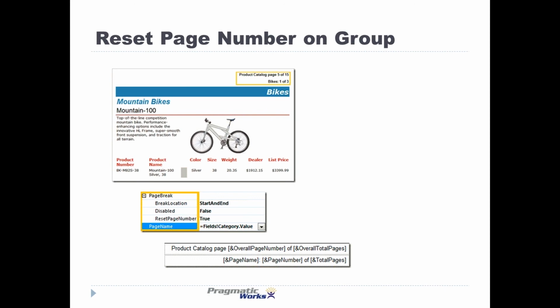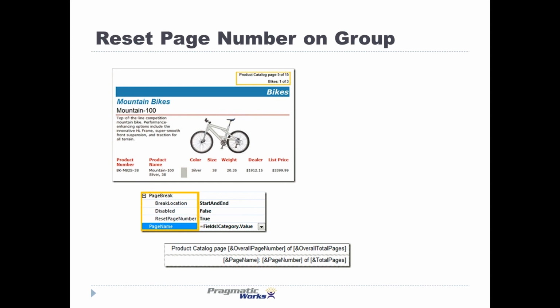So as you can see in the report sample in the yellow highlighted area, we're actually showing two different page groupings there for the product catalog page overall, and also for the bikes subsection which we're displaying. So this is page 1 of 3 for the bikes, right? And it's kind of showing you how that's actually accomplished.